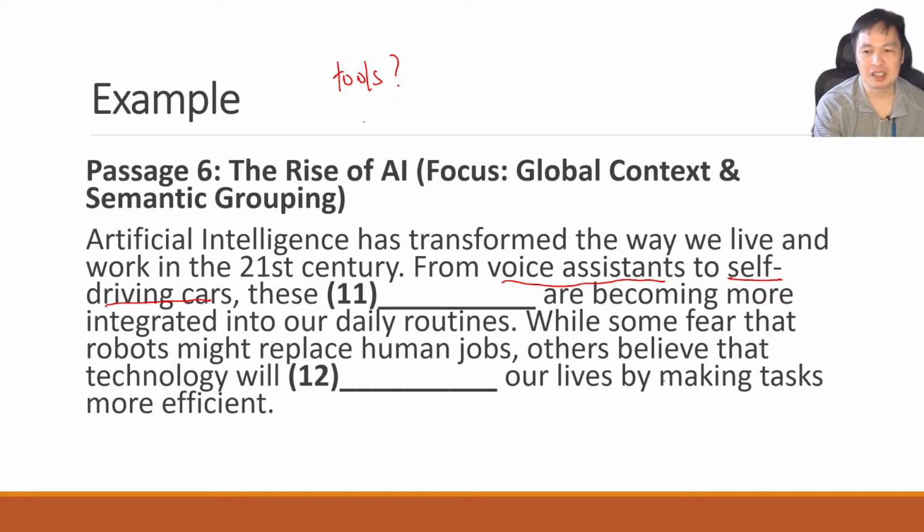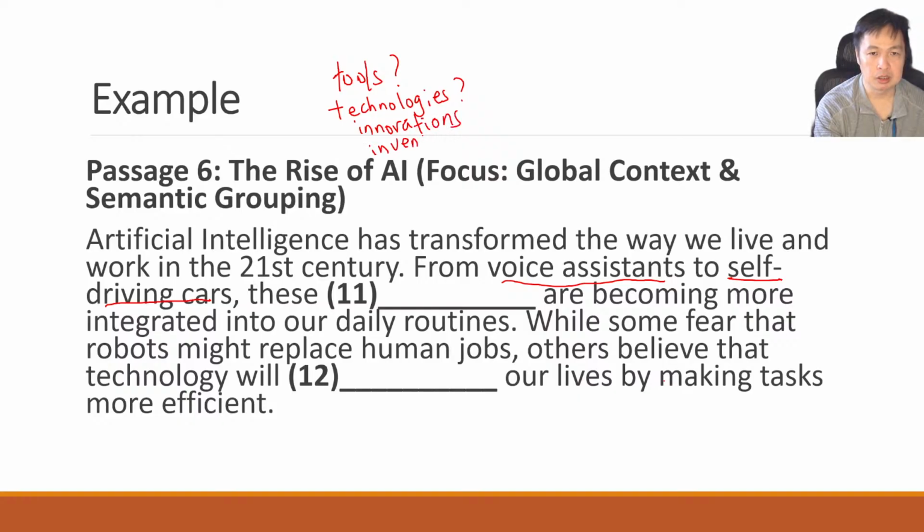I remember the closed passage. You're supposed to find the most suitable word, right? So, how about technologies? Okay. And I think voice assistants, self-driving cars, there's something to do with tech, so technologies or innovations, right? Maybe there's something new. Or inventions, right?